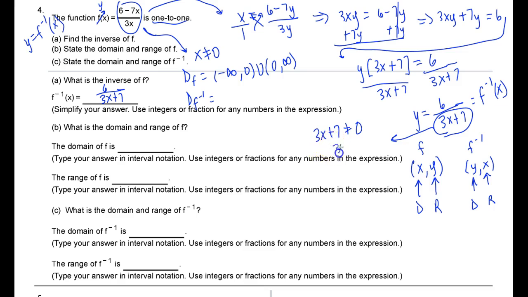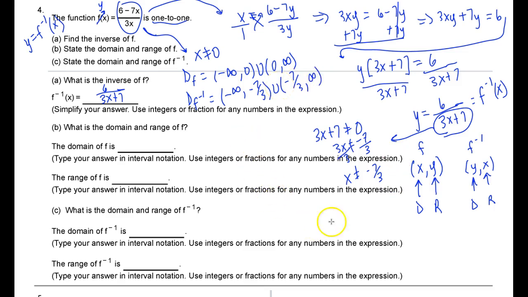And of course, if we subtract 7 from both sides, we'll get 3x is equal to -7, divide both sides by 3, and we get x is not equal to -7/3. So here, what this is saying is that we can have any real number in our range except for -7/3.